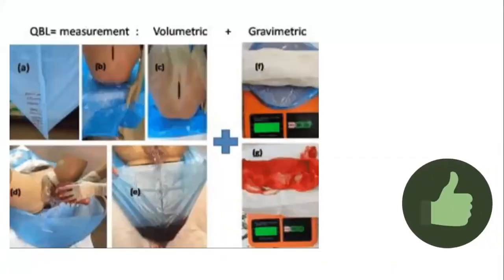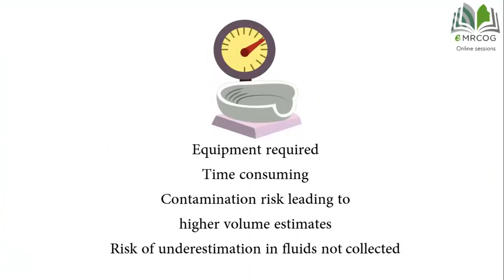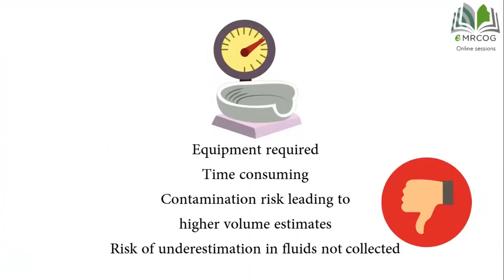Several studies have shown that a combination of the volumetric and gravimetric methods can be very effective and really close to the actual volume of blood loss. However, this method needs equipment, it's time consuming, and there's, of course, the risk of contamination.